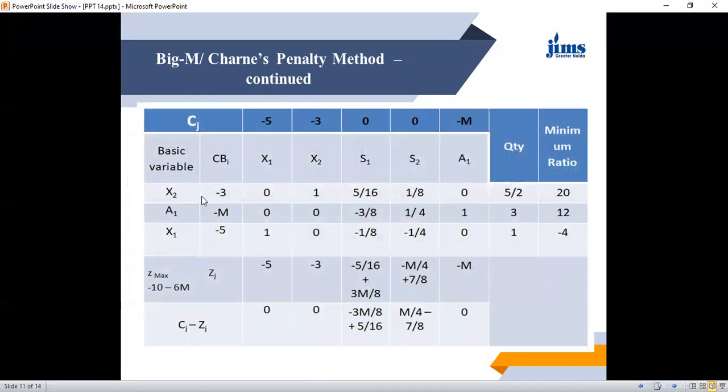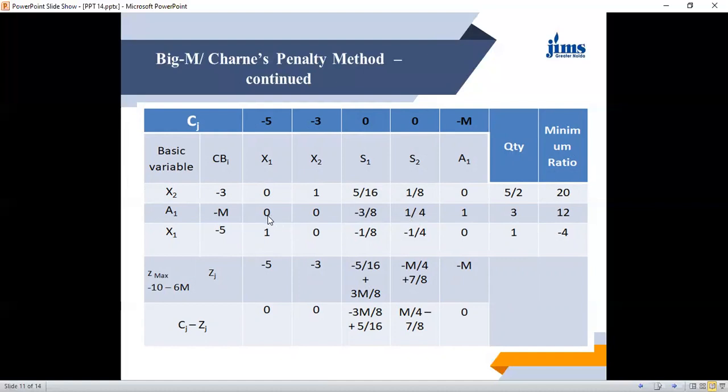Then here again, this was the key row and this was the key column. 1 by 4, the intersection of these two, is the key element. So we divide all cell entries in the key row by the key element 1 by 4.